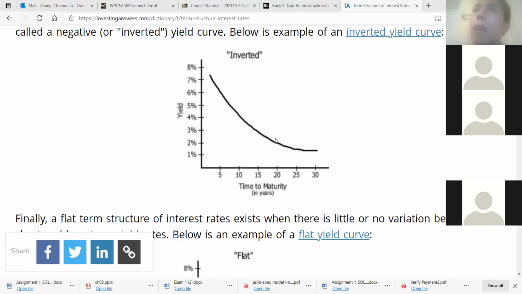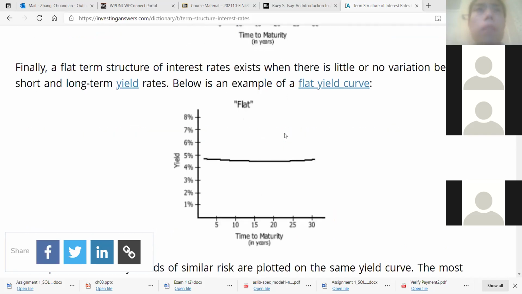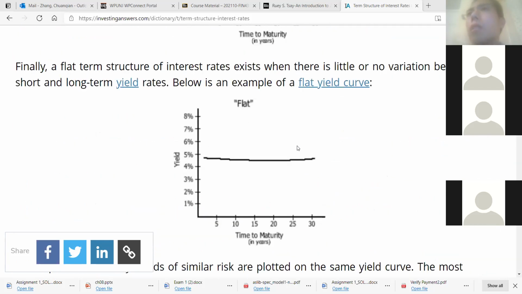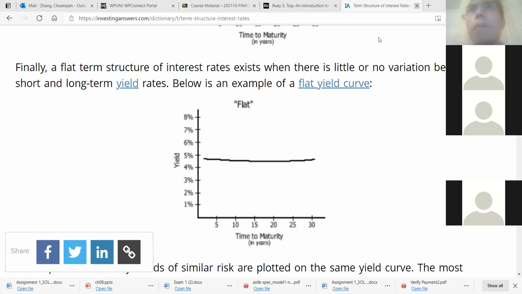What does it mean? That means there is a depression in the economy, right? When the economy is in depression, the inflation goes lower. You can see the recent news, right? People expect the economy will go back down. So this is one shape. And this is flat, so this is a different shape. So this is the so-called term structure, right?